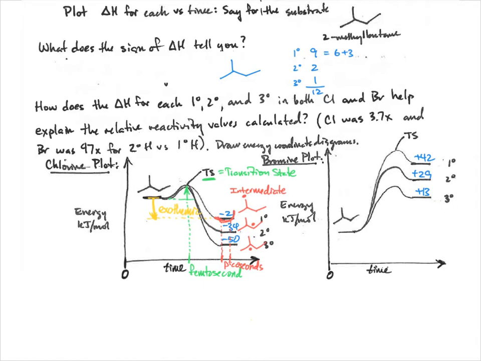And so that's why we say for tertiary, when you're walking up that hill, you have less energy to walk up. Then secondary, then primary. So the gist of this is when you have a molecule like this and you're using bromine, tertiary is more favored than secondary than primary. When you use chlorine, you're going to get a mix because all of these values are negative.